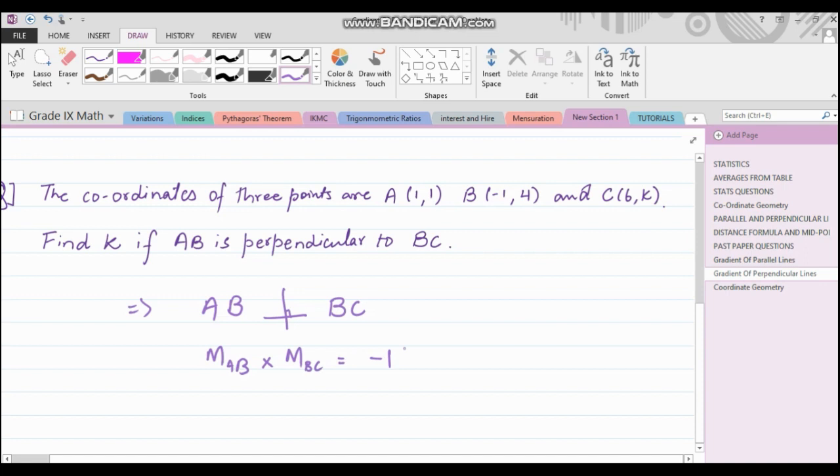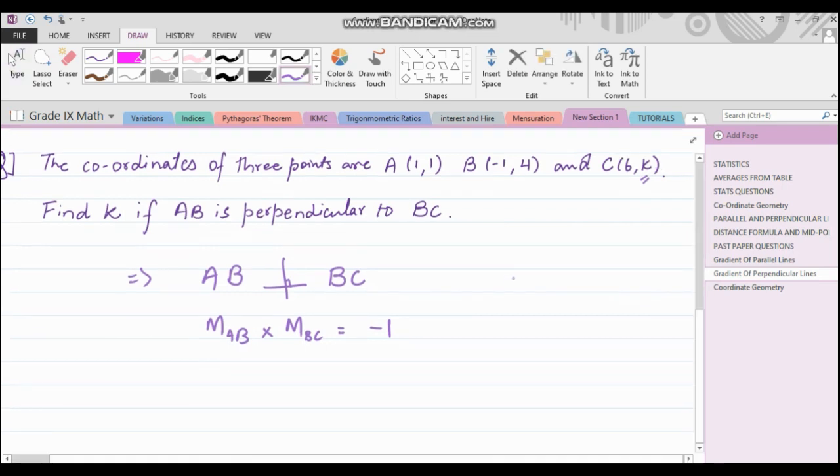So I have to use the slope of AB and BC, and I have to find this coordinate K. So the slope of AB: A here is 1 and 1, and B here is -1 and 4. So A would give me x1 and y1, and similarly B would give me x2 and y2.